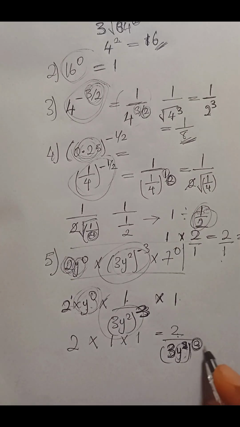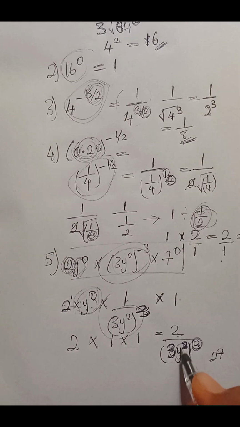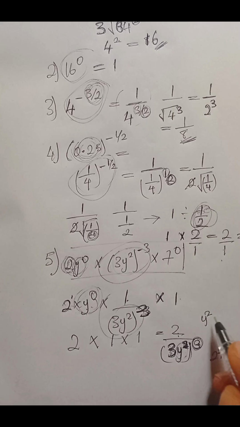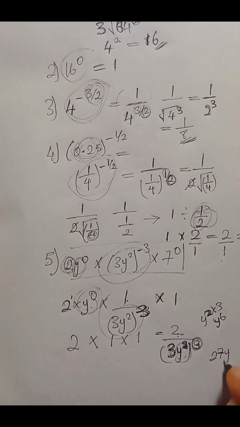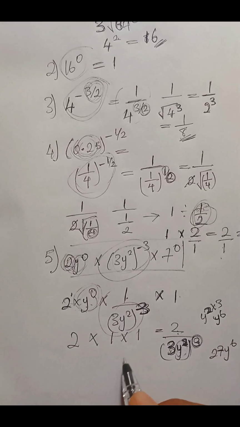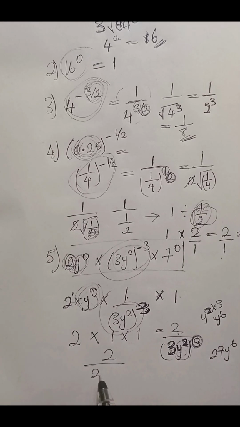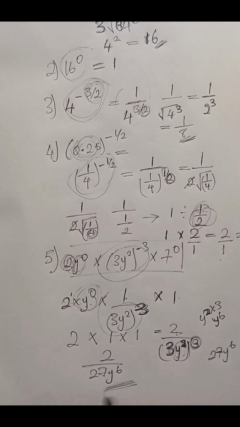So 3 raised to the power of 3 will give us 27. Y squared raised to the power of 3 will give us y raised to the power of 2 times 3, so the 2 will multiply 3 to give us 6. So this is 27y raised to the power of 6. So here we have 2 divided by 27y raised to the power of 6. This is our final answer.